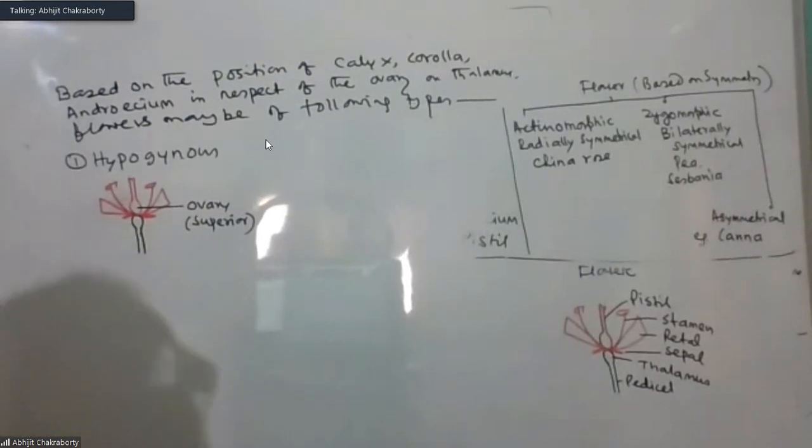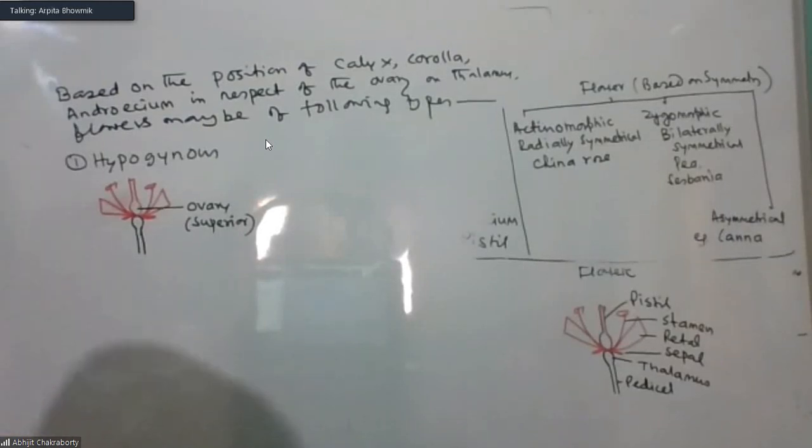A hypogynous flower is a type of flower where the gynoecium occupies the highest position and other floral parts are situated below it.